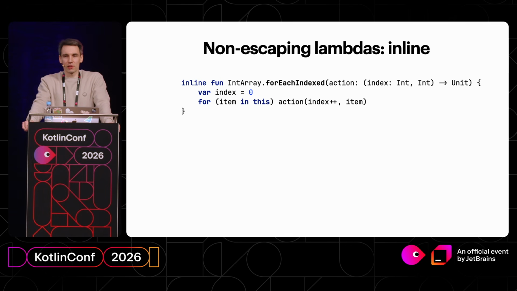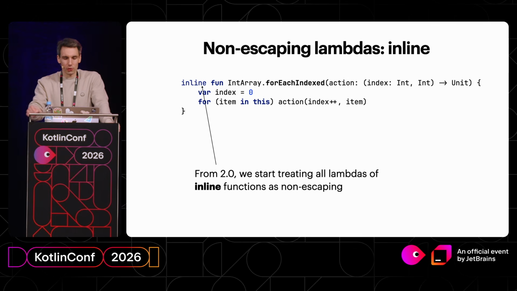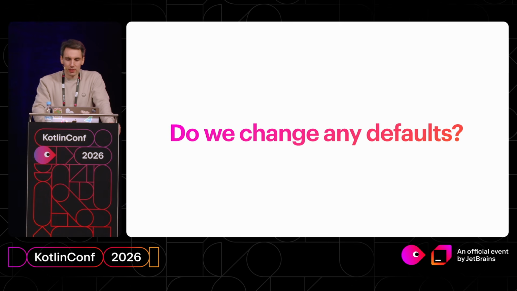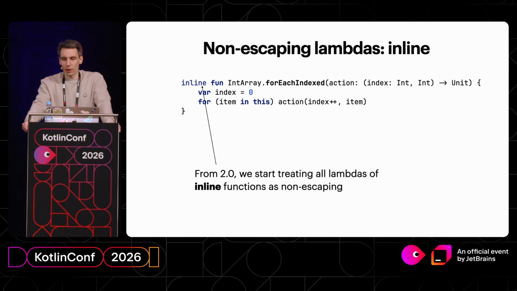So for inline functions, we changed this default in 2.0, and we started treating all lambdas of inline functions as non-escaping, which fixed the example. Now if you run the same code starting with 2.0, it will be green, and it's nice. But we still have this problem for non-inline functions, and you have to specify contracts if you want to have non-escaping lambdas.